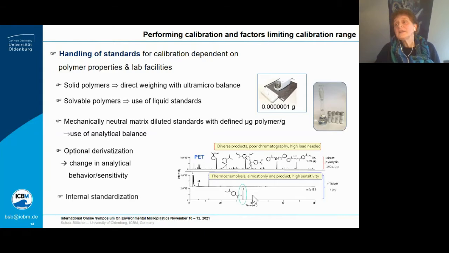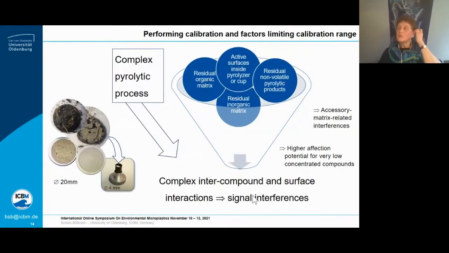And last but not least, something we recommend as well is to use internal standardization. Why internal standardization? We have very complex pyrolytic processes, and during a sequence, a lot of things might accumulate in the pyrolytic system.